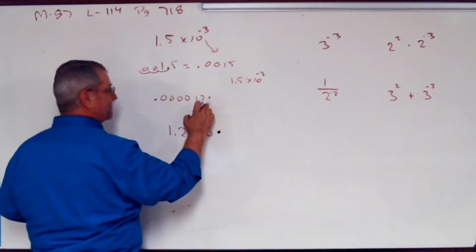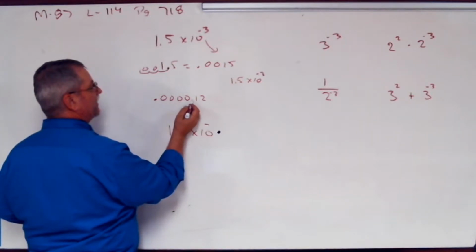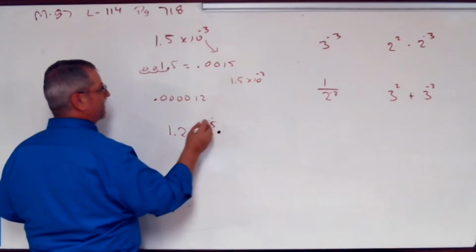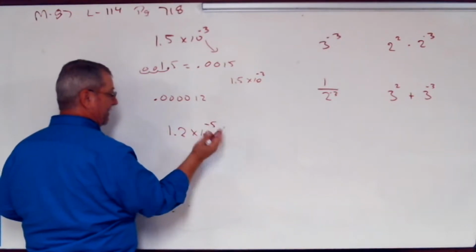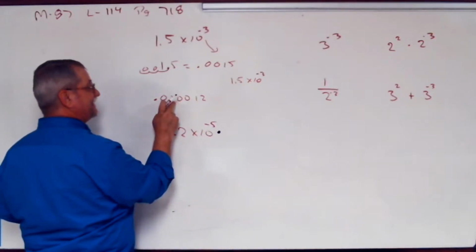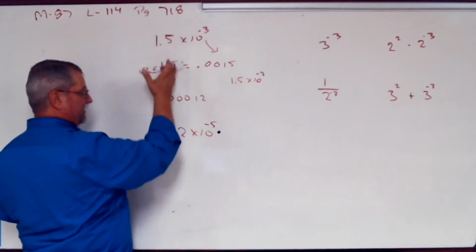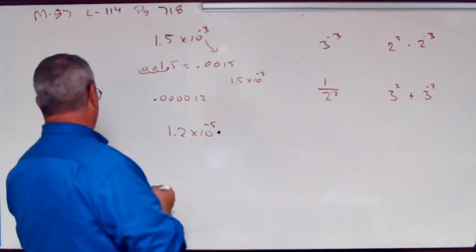Since this is a decimal number, it's a negative. 1, 2, 3, 4, 5. If I start with a decimal number, I have a negative exponent. If I have a negative exponent, I'm going to end up with a decimal number. Okay? It's very important you get those straight in your mind so you can go back and forth with those.